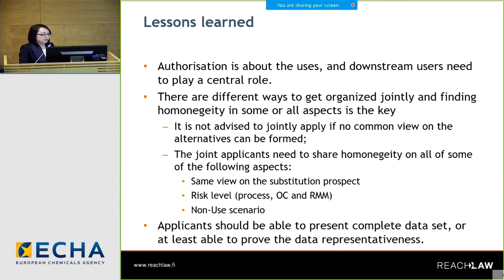That's something I hold on to: you should not do it together if you don't agree on that. Then you should be homogeneous on other things. And if you are not homogeneous on the other aspects, you have to consider the data completeness and representativeness for each scenario in your application. It makes it more complex, but it's doable.